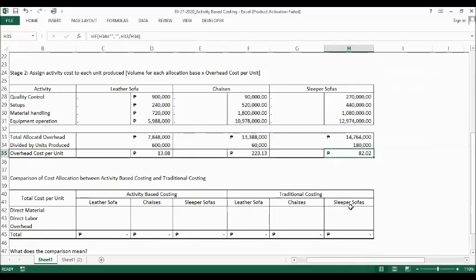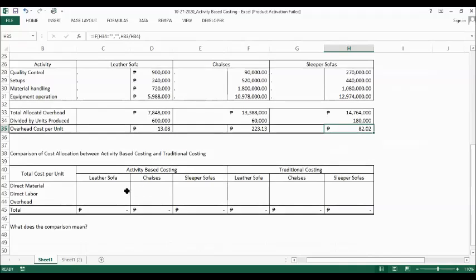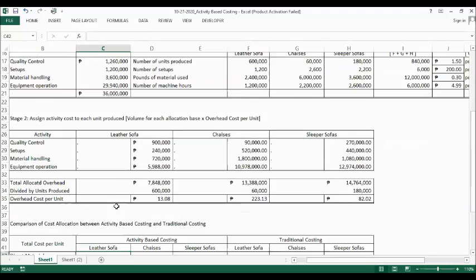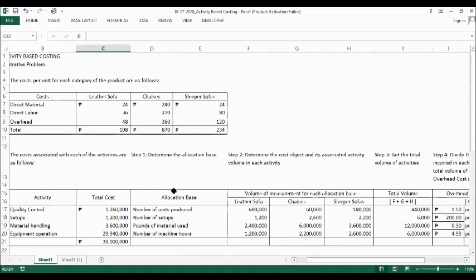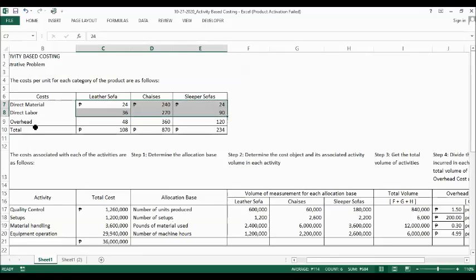All we have to do is compare them. So, for activity-based, direct material is how much? So, leather sofa, because we're only talking for overhead costs, direct material and direct labor are the same.